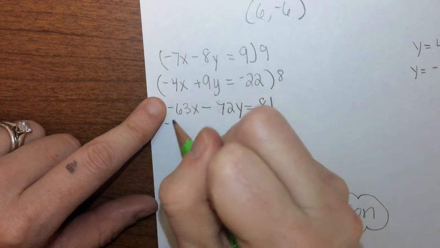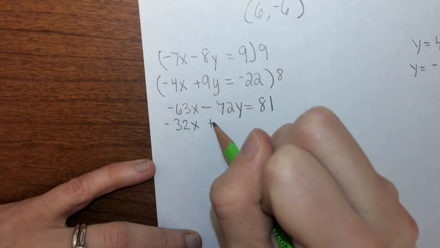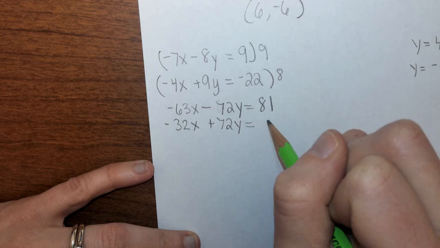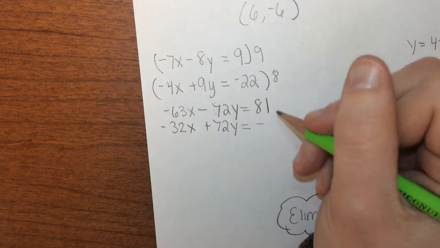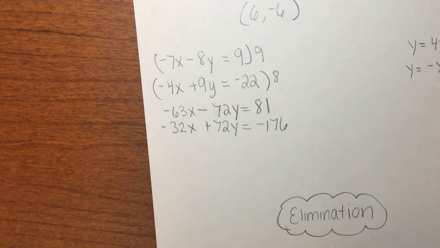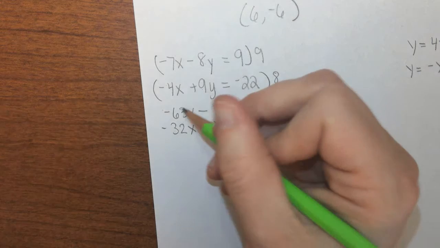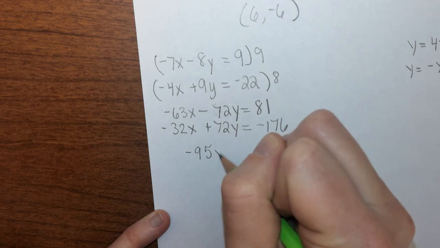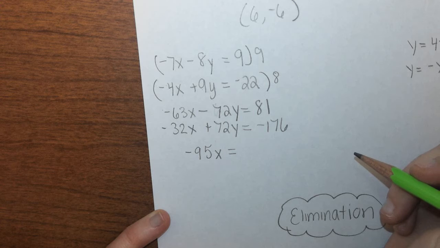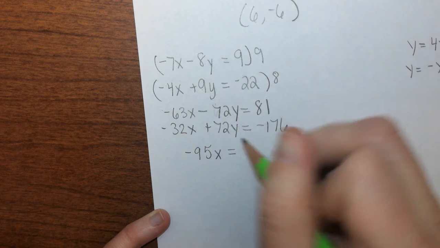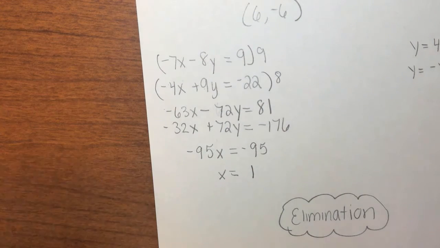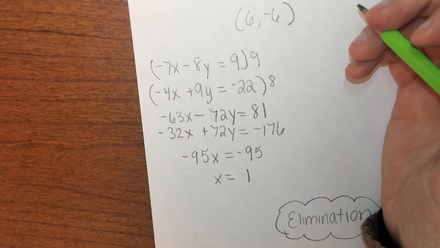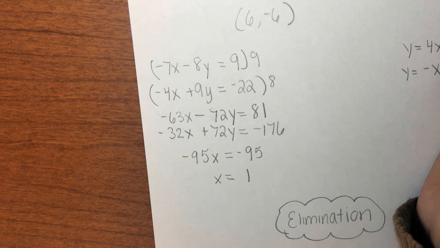And then the other one would be negative 32x plus 72y equals negative 160, negative 176. And then when you add these up, negative 95x would equal, probably not 95. And so x would equal 1. And then again, you would just plug it back into the original equation to get your whole ordered pair.